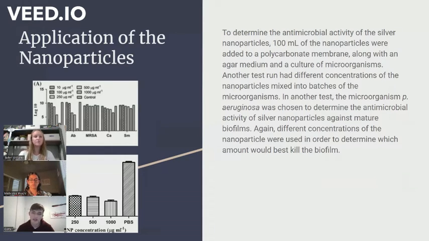In another test, the microorganism P. aeruginosa was chosen to determine the antimicrobial activity of silver nanoparticles against mature biofilms. Again, different concentrations of the nanoparticle were used in order to determine which amount would best kill the biofilm.